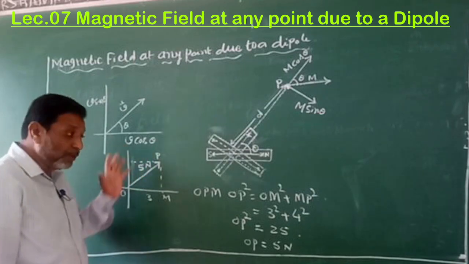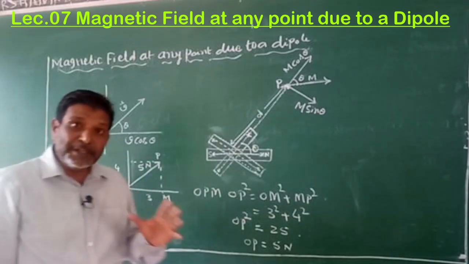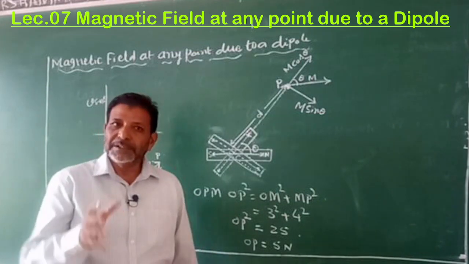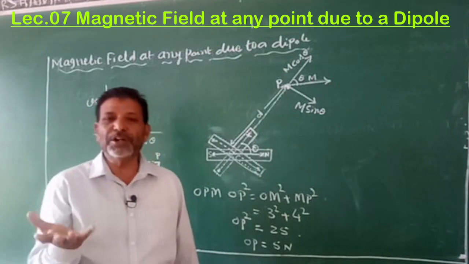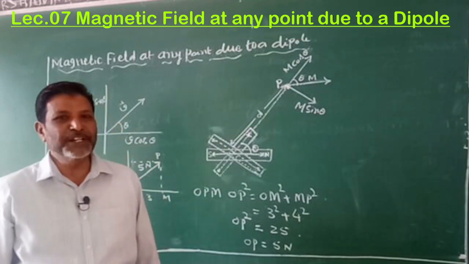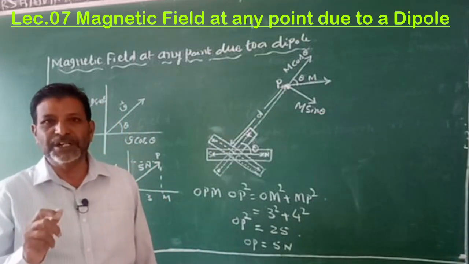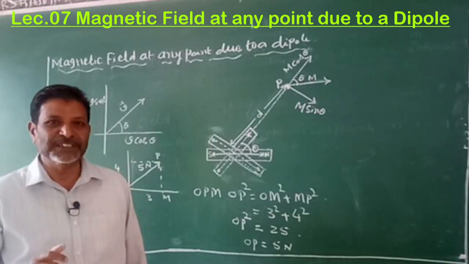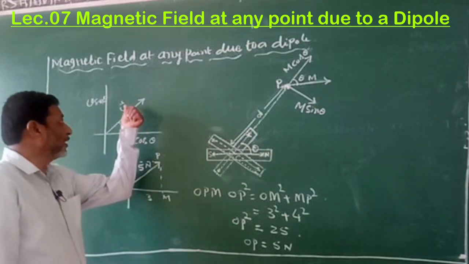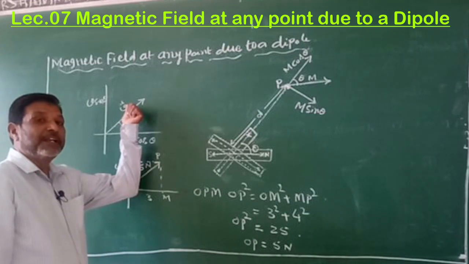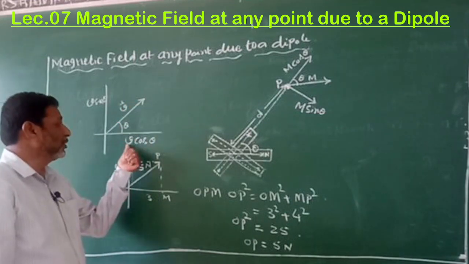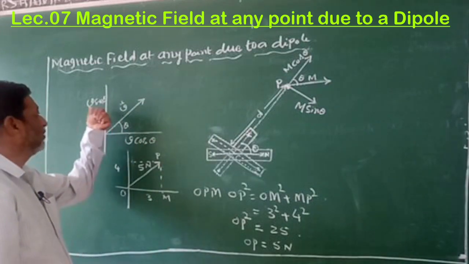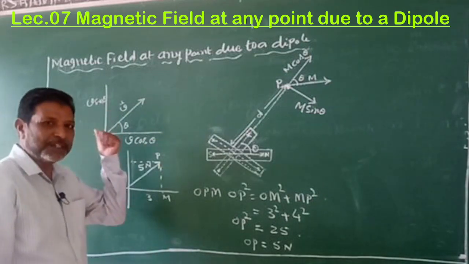Ultimately, I want to make it clear that if you have any vector, that vector is resolved into two components which are perpendicular to each other, then those components are known as the rectangular components. The example I have given is that if velocity is the vector, then its horizontal component is v cos theta and the other is v sin theta.